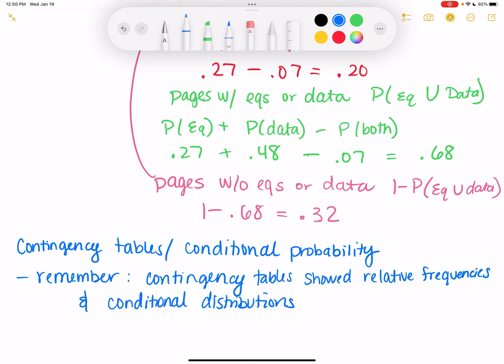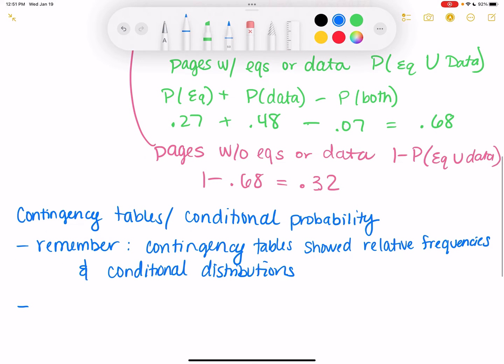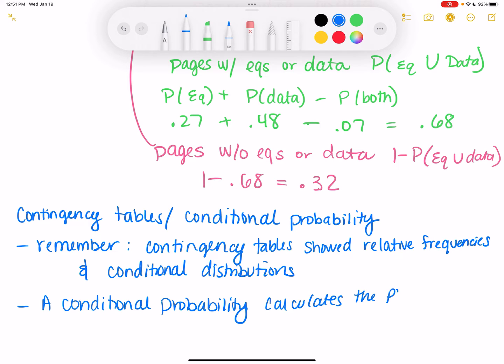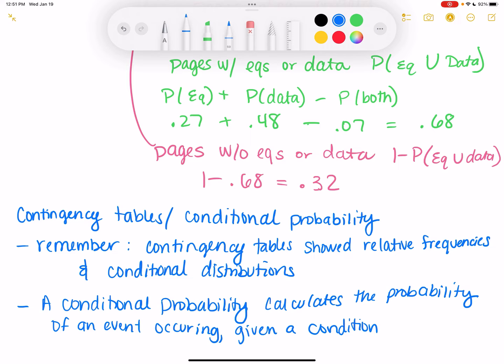So now we're going to have a conditional probability, which calculates the probability of an event occurring given a condition has also occurred.